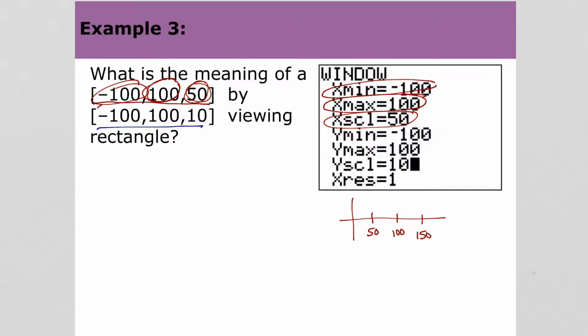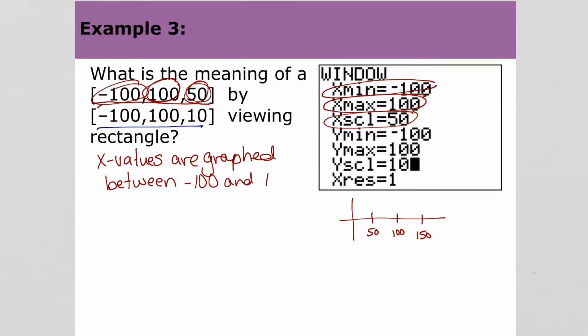Okay, so what does that mean? That means the x values are graphed between negative 100 and 100 with a scale of 50.